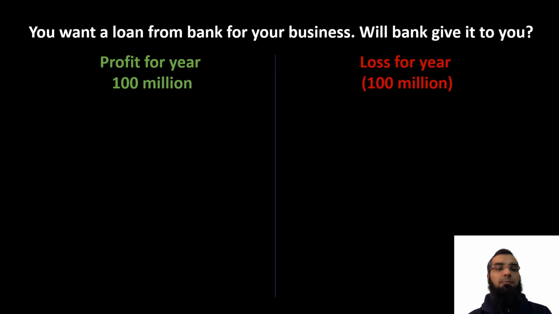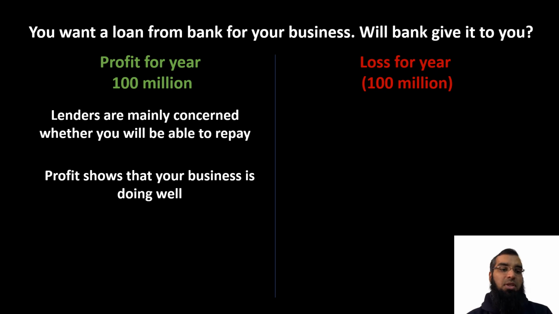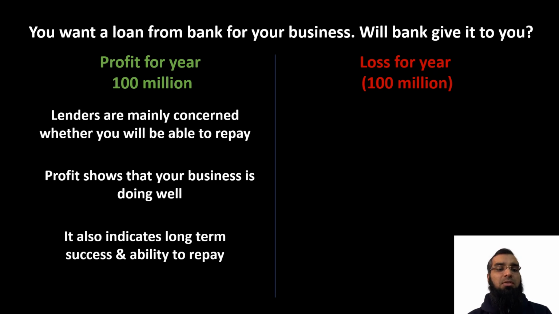Now let us assume that we want a loan from a bank for our business. In case we have made a profit of 100 million, the lender will probably be willing to lend us more money. Why? Because the lender is mainly concerned with our ability to repay, whether we will be able to pay back their loan or not. Profit is showing that yes, our business is doing well. It also indicates that we will continue to perform well in the long term because we are already making profit.